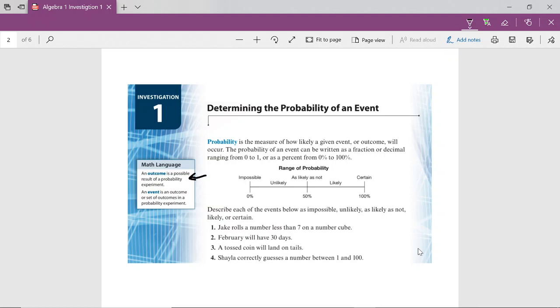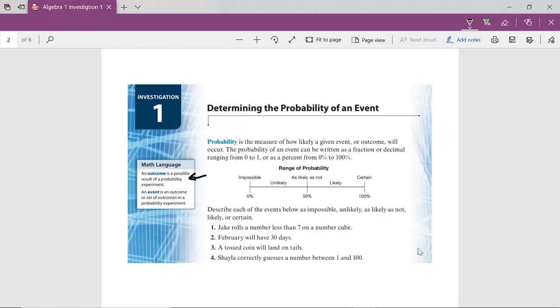An outcome is a possible result of a probability experiment. Like with our number cubes, our outcomes were 1, 2, 3, 4, 5, and 6. And an event is an outcome or set of outcomes in a probability experiment. So getting a 3 on that number cube is an event in that experiment.